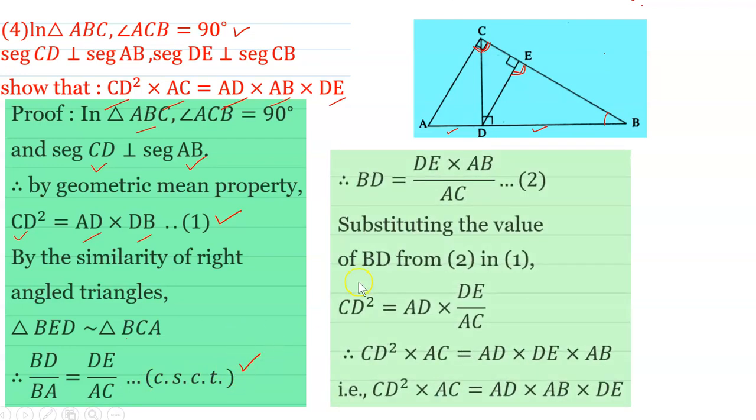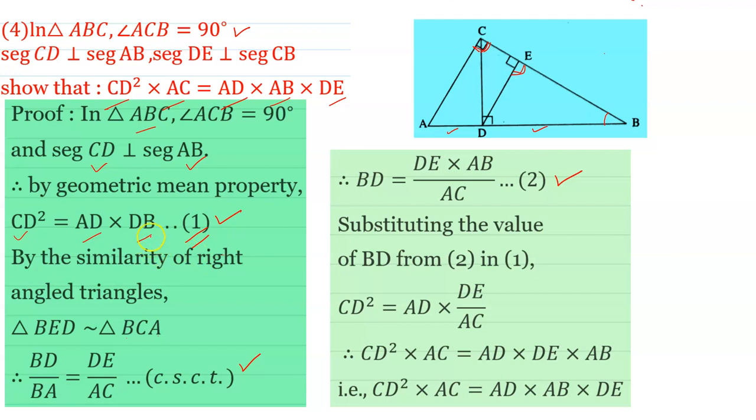Now the next, therefore the value of BD is equal to DE upon AC into BA. This is the value of BD, that is DE into AB upon AC. BA we have written as AB. This is the second one. Substituting the value of BD from 2 in equation number 1. In equation number 1 we will substitute that BD value.